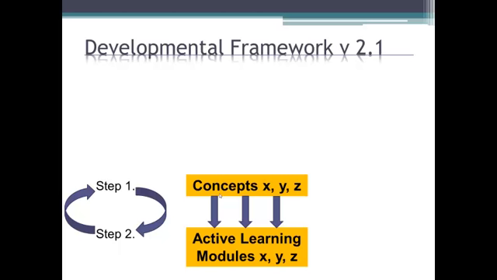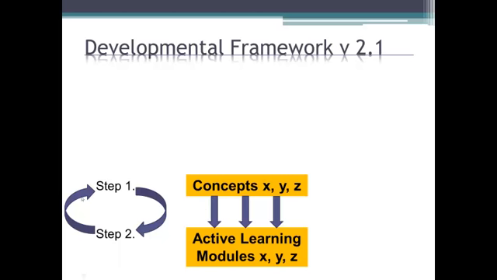As you identify a concept and then you start working through an active learning module, you may decide after using it once in the class that there are things that need to be changed or altered about that active learning module. Maybe you tried to do something hands-on that just wasn't quite appropriate, maybe for the size of class or whatever the case may be, and you need to change that.